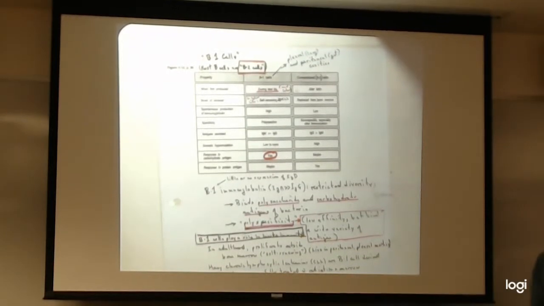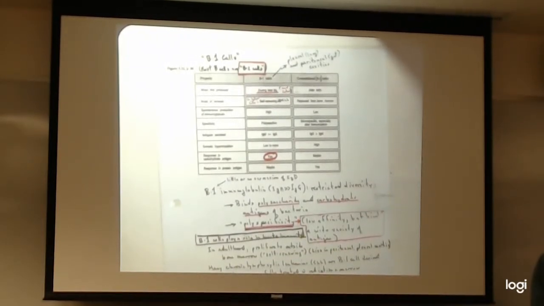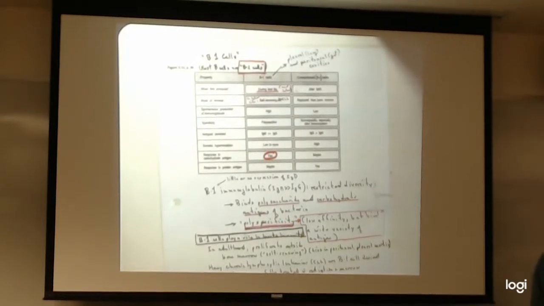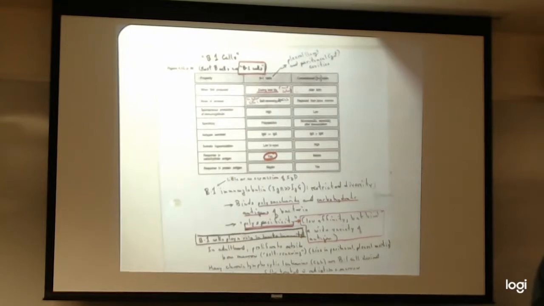They use just these pre-made V boxes, basically. And they recognize just a few basic ligands, mostly the kinds of polysaccharides, for example, that you would find expressed on bacteria, but not on our cells.